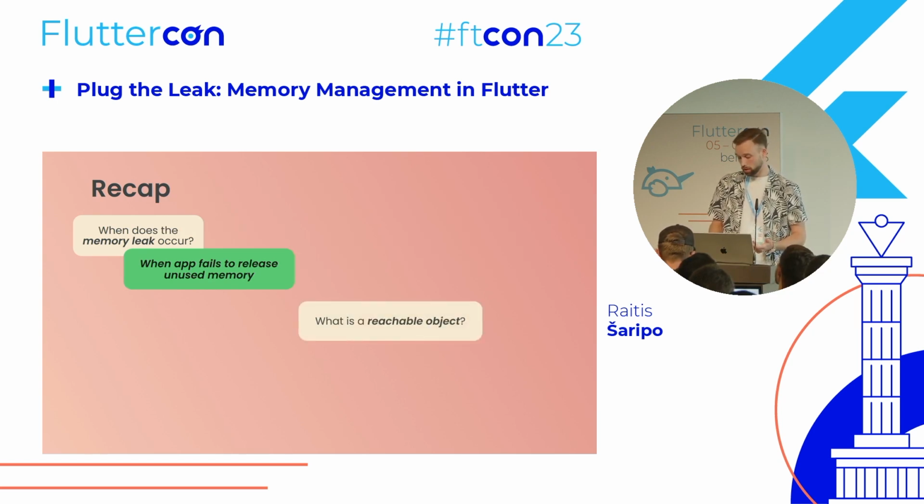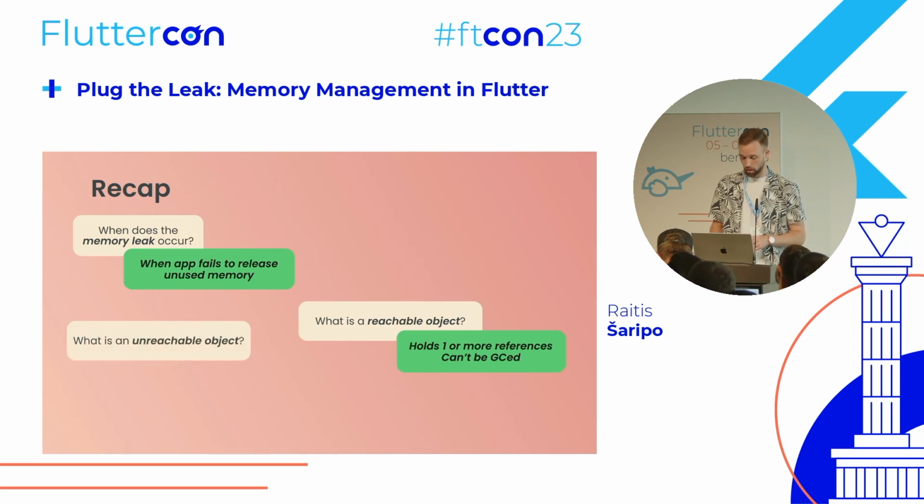A reachable object is an object that has at least one reference pointing to it, meaning that it cannot be garbage collected because it's still considered to be in use by the application, even if it isn't. An unreachable object is one whose references from reachable objects are removed, so it can be garbage collected.